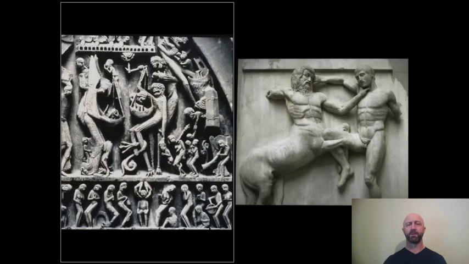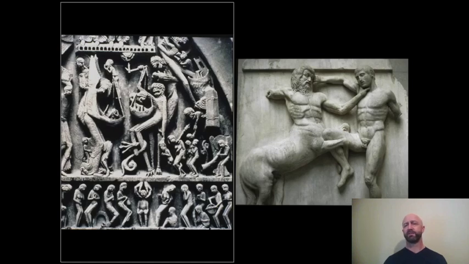So another example of this would be to look at a close-up on the left of San Lazzaro. Very elongated figures, stylized figures, flat figures, versus this, what's known as a metope. It's an area of sculpture on the Parthenon in Athens from classical Greece, in which we see a human figure battling with a centaur on this great temple to Athena.